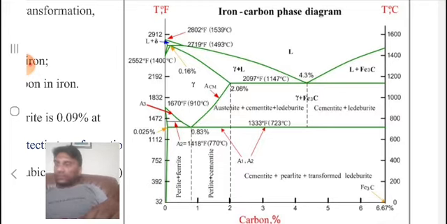So in heat treatment we have the A1 line, A2 line, A3 line and ACM line. So what is the A1 line? The A1 line is the first, or when we go from the bottom, the first horizontal isothermal line at which the eutectoid reaction takes place.